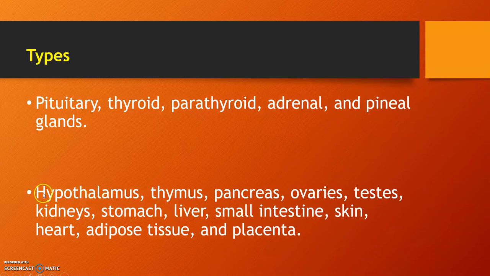The reason is these organs also have their primary roles in their respective systems. For example, hypothalamus. As we all know, hypothalamus possesses all the nuclei of the central nervous system. And we also know that hypothalamus possesses all the releasing hormones.